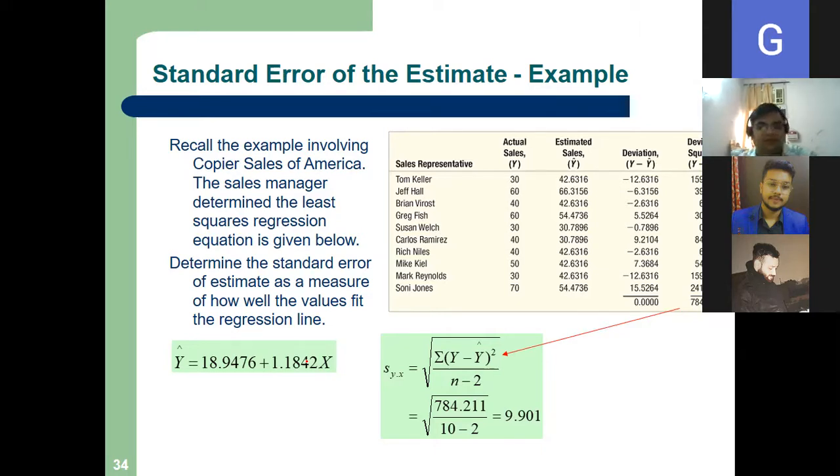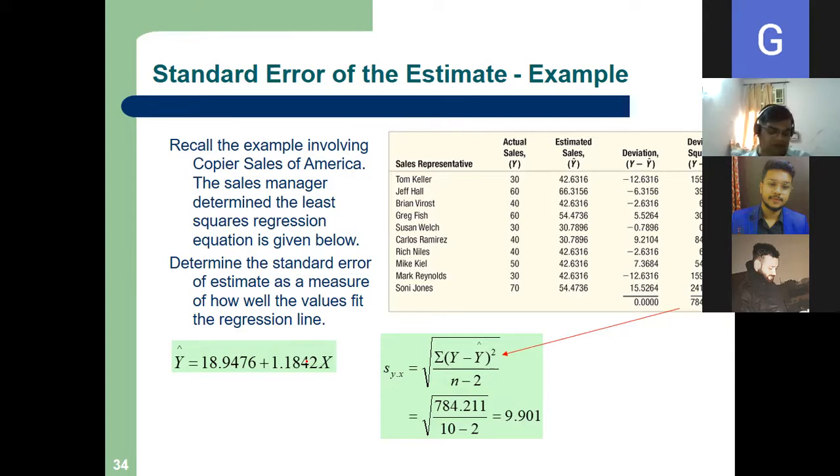Okay, let us do this problem. Determine the standard error of estimate as a measure of how well the values fit the regression line. That means the scatteredness, same thing, right?